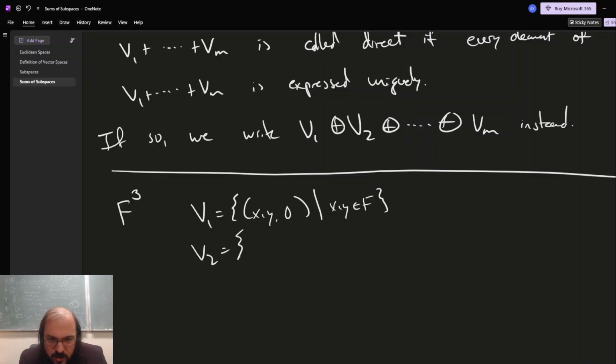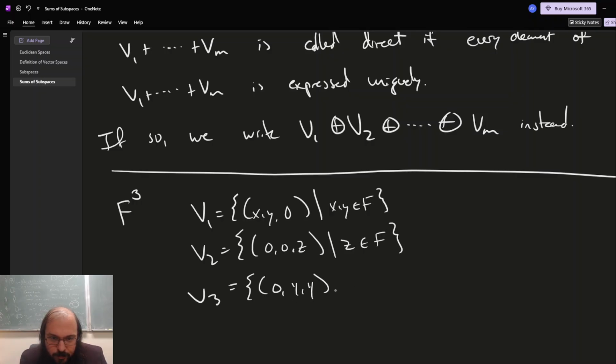Then we'll look at the Z axis. And then let's say we throw in something else, like this random plane, or sorry, this is a line, one free parameter, that's kind of diagonal. So we can try to draw this thing.